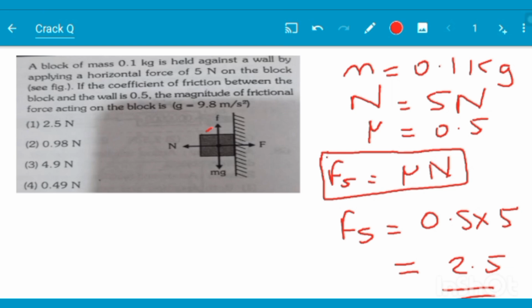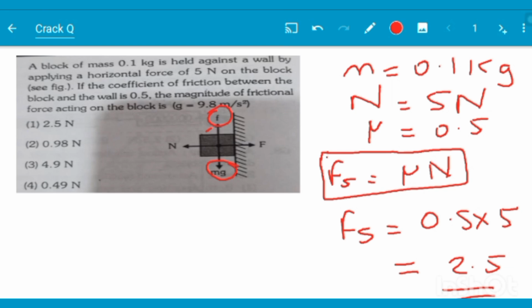Now the applied force is horizontal, which is a normal reaction. We shouldn't consider that normal reaction here. We should consider the frictional force, and the exact opposite force is the mg. That is the force which helps to prevent the block from falling down.